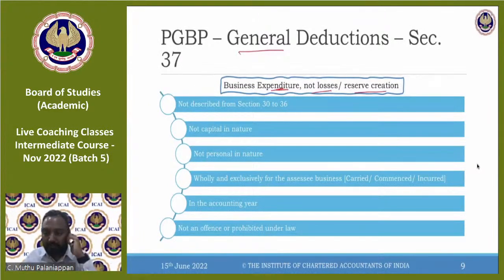The first condition that they are listing is that it is not a deduction specified under sections 30 to 36. So 30 is repair, rent, maintenance of your building.